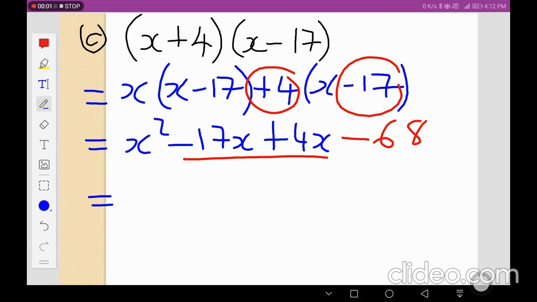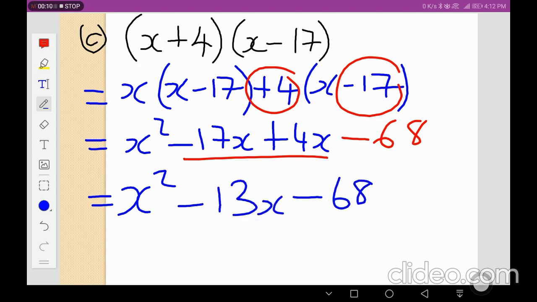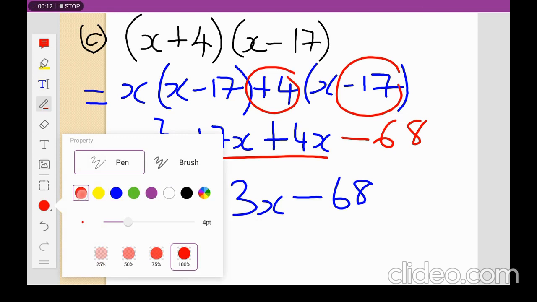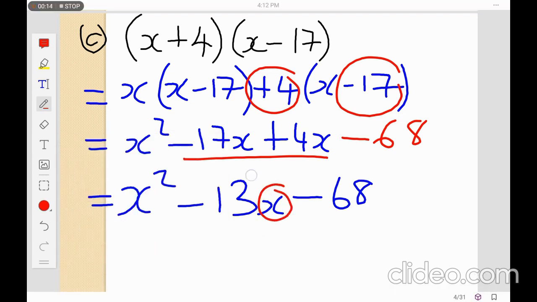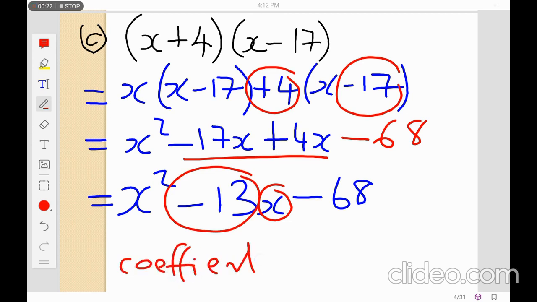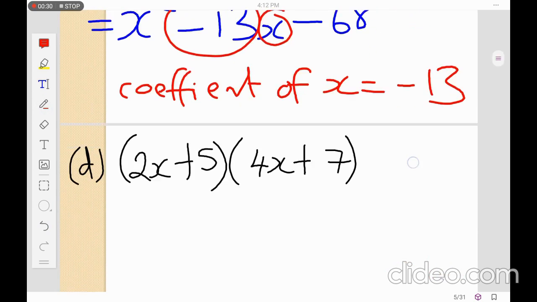Let's simplify that part. We'll get x squared minus 13x and minus 68. So the coefficient of x, the number that has got x, is going to be this one. The coefficient of x is equal to minus 13. Let's move on to the next question.